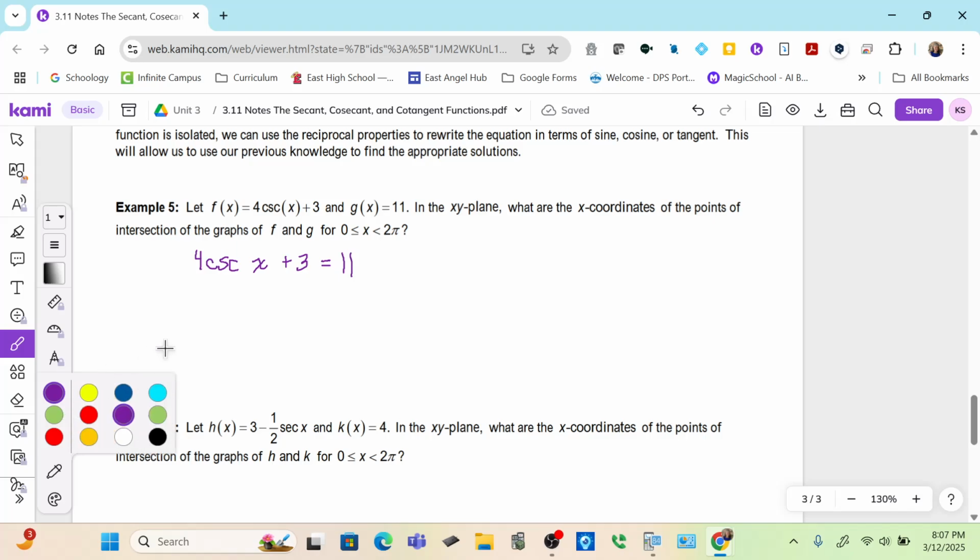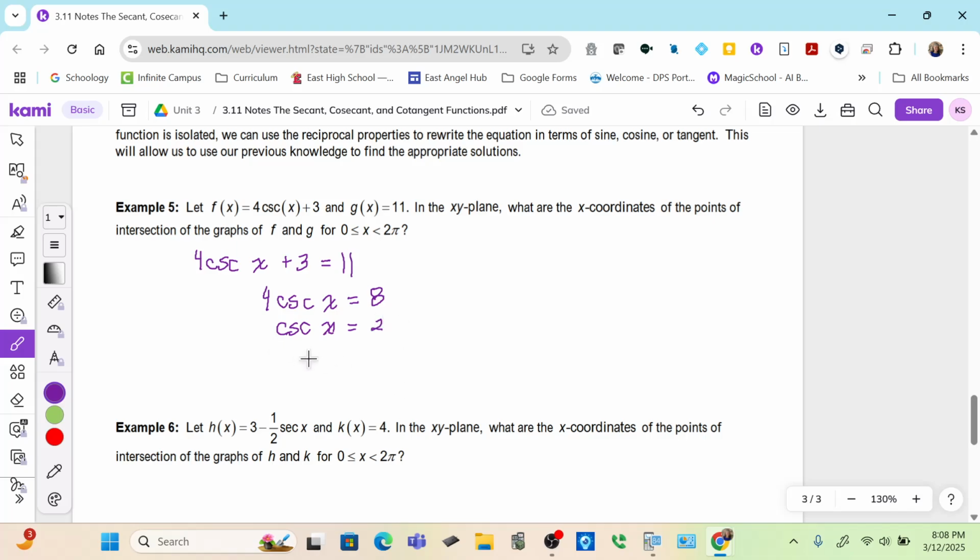So I have to subtract 3. I'm going to have 4 cosecant x equals 8. Divide both sides by 4, and I have cosecant x is equal to 2.